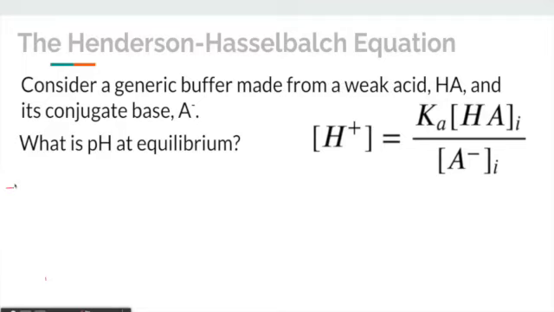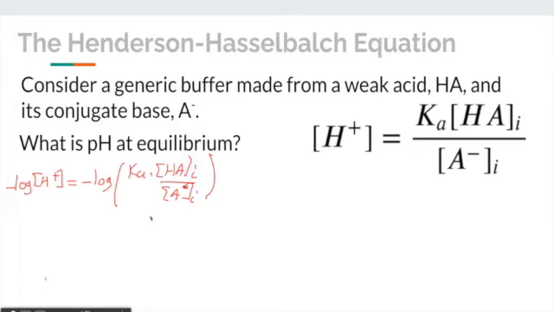So maybe a good place to start would be to take the negative base 10 logarithm of both sides. So negative base 10 log of H+, that's going to give us pH. That's going to be equal to negative base 10 log of Ka times concentration of HA initial divided by concentration of A- initial.